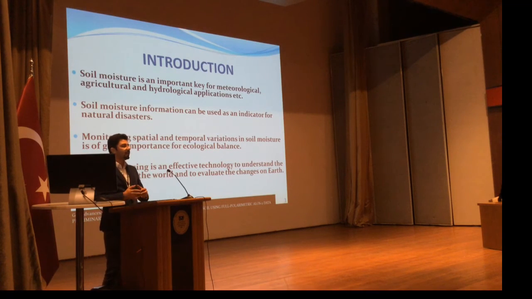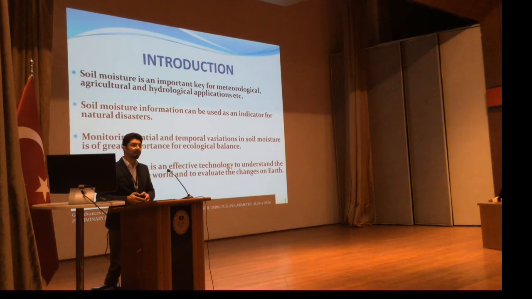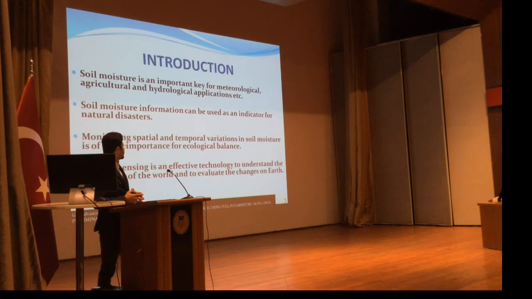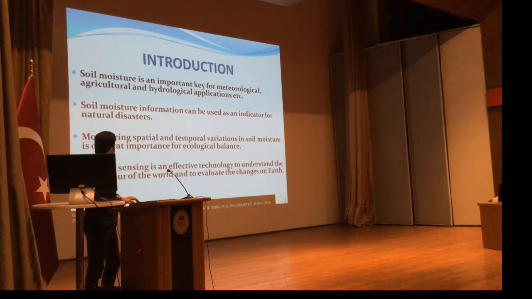However, accurate in-situ soil moisture measurement is time-consuming and expensive. So, we have an option like remote sensing. Remote sensing is an effective way to understand the behavior of the world and to evaluate change on Earth. Also, it has the potential to observe the distribution of soil moisture at a variety of scales.